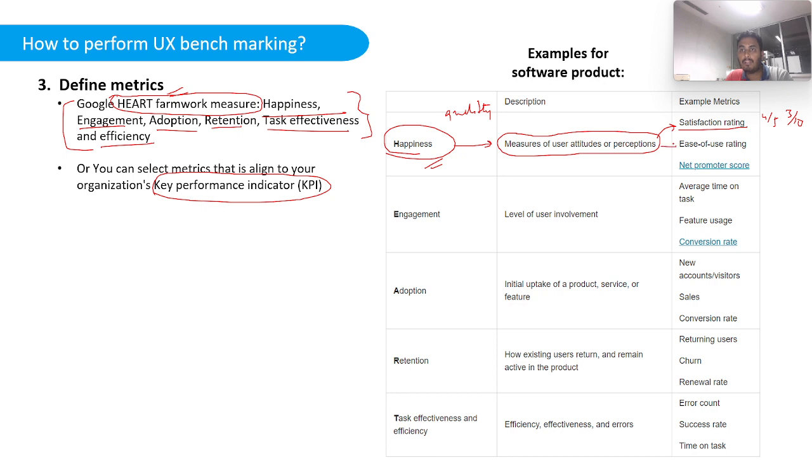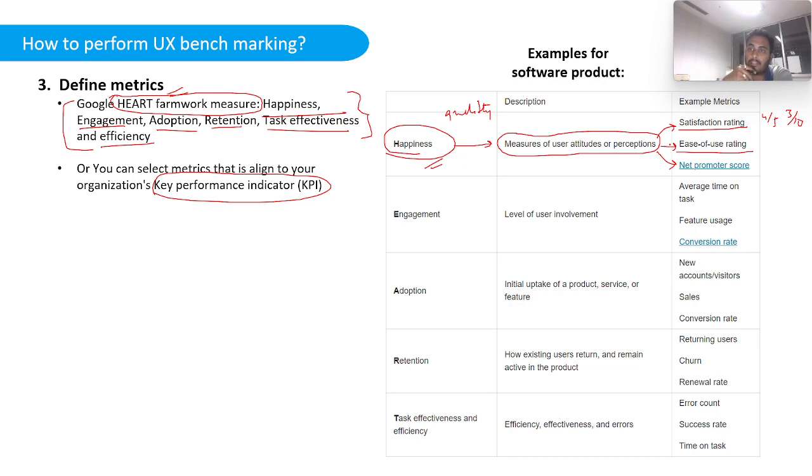Ease of use rating. Rating generally we use when the user himself does not have any quantitative measure to define that particular feeling. Then we ask that person to provide some sort of rating. For example, measuring time is quantitative and well defined.